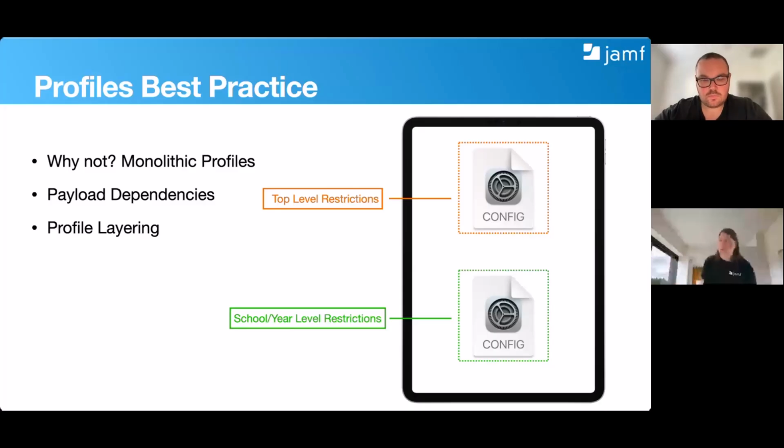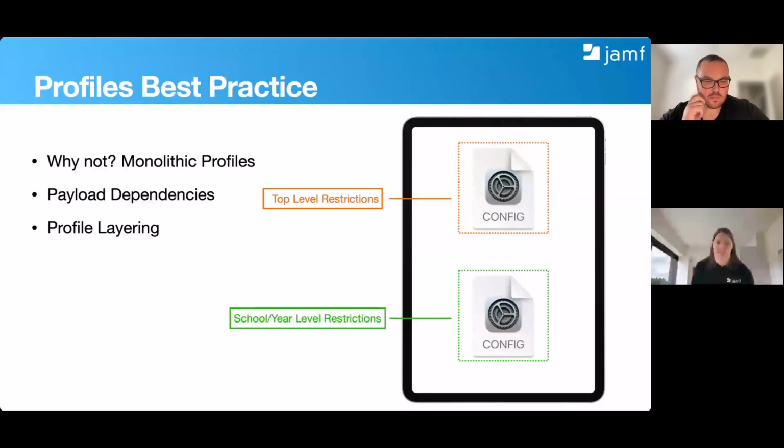But what happens when a device has two restrictions payloads, profiles deployed to it? Both sets of settings will apply. But then what happens if both profiles have the same setting applied, but differently? For example, in my top level profile, I am blocking iMessage. But at the school level profile, I've allowed iMessage. In this case, Apple will take the most restrictive setting and apply this.